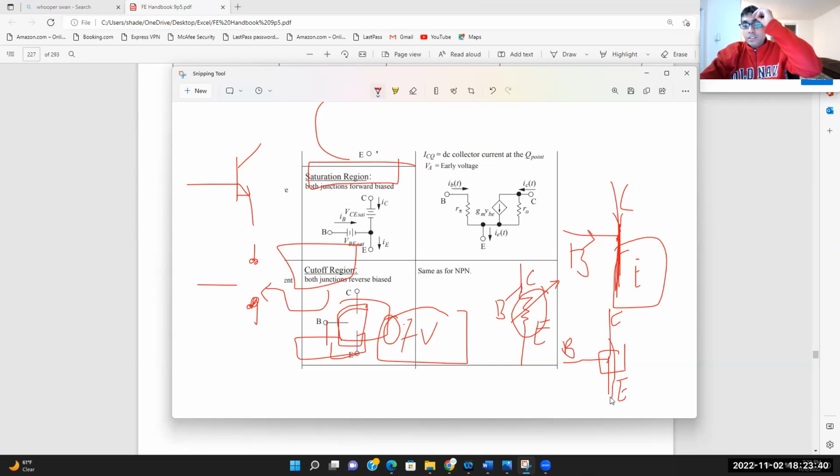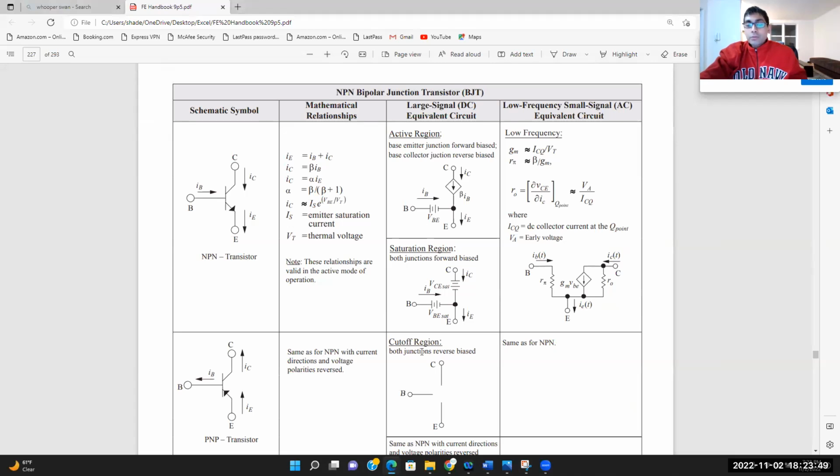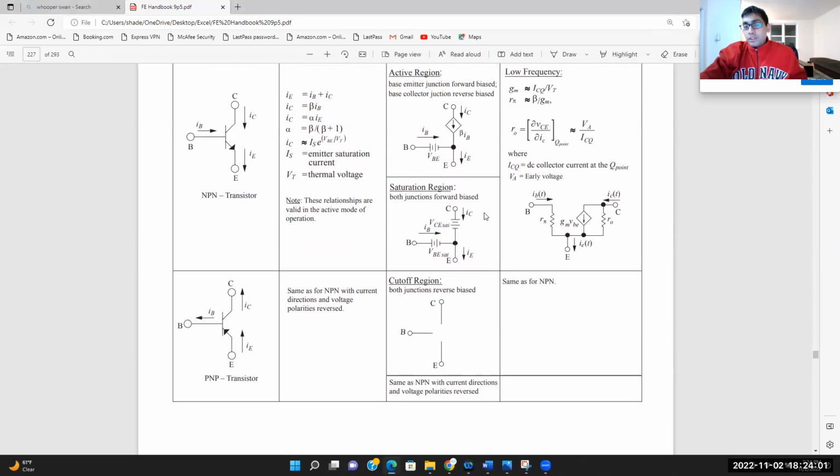At that time, we can assume it's a short circuit. Okay, so these are the three modes of operation: cutoff, saturation, and active region. You don't have to worry. In most exams, it would actually be given that it's in your saturation region, so you don't have to worry too much.